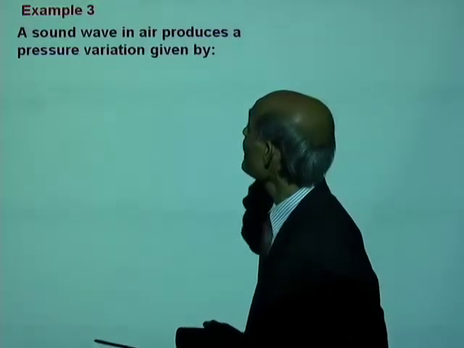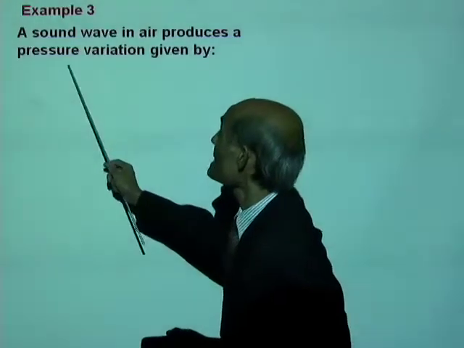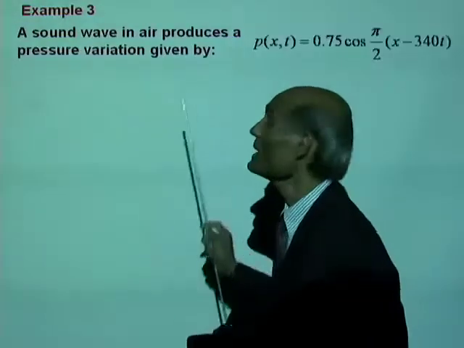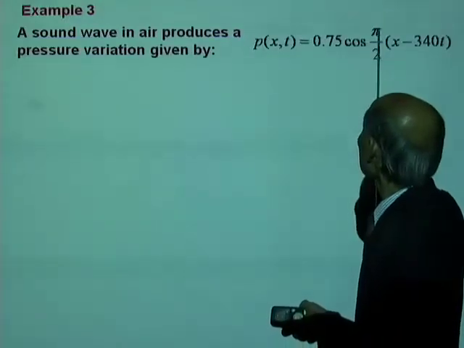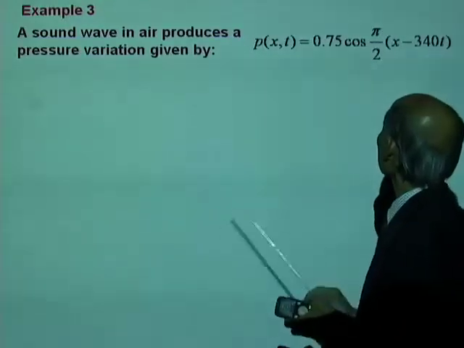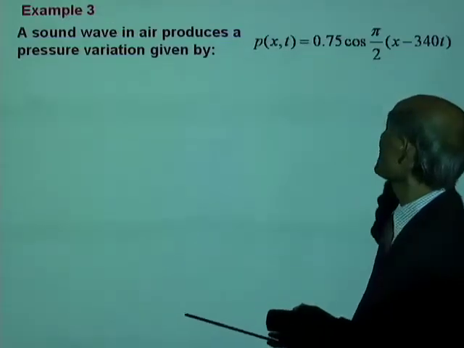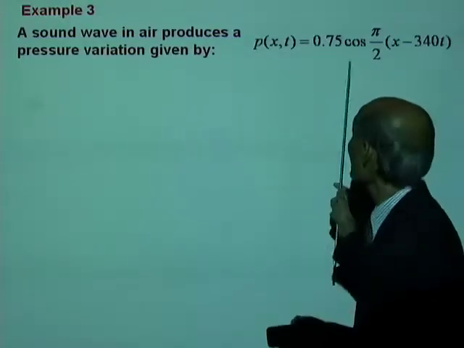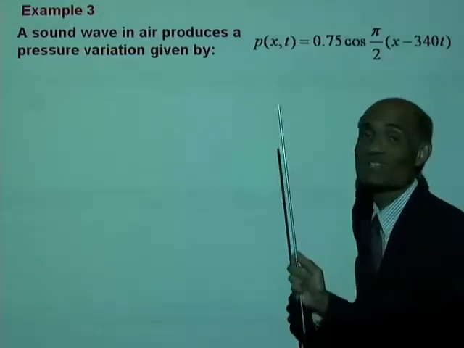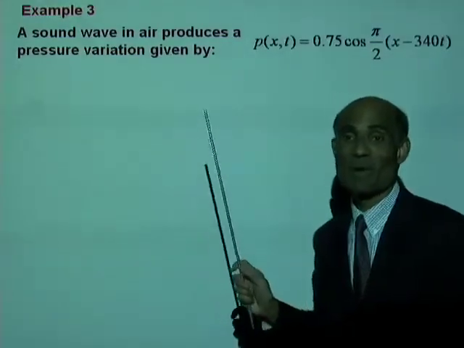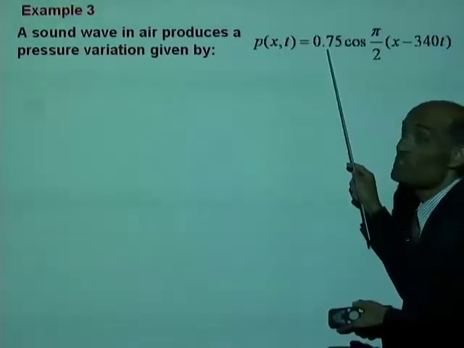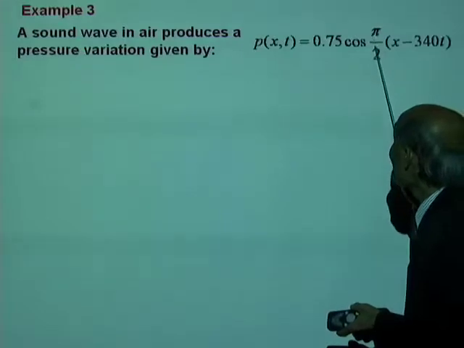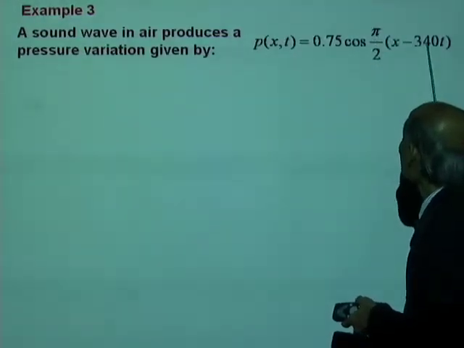Okay, let's do an example. A sound wave in air produces a pressure variation given by P(x,t) equal to 0.75 cos(pi by 2 times (x minus 340t)). Now, can you tell me what form this equation is? Well, this is of the form P(x,t) equal to P0 cos k times (x minus vt).